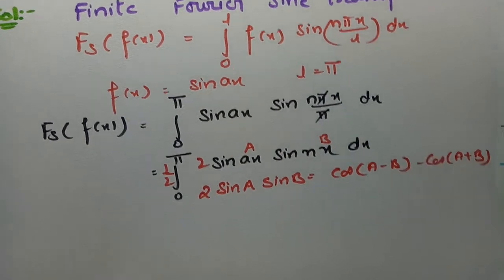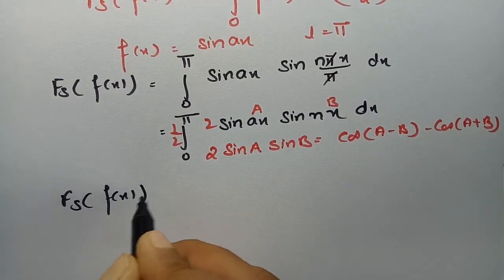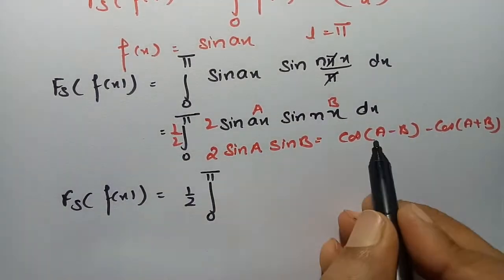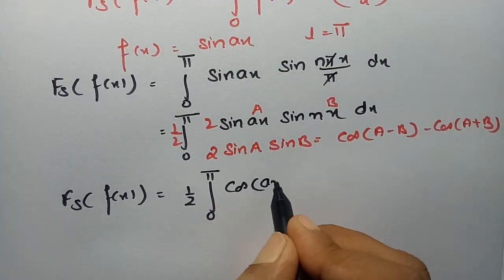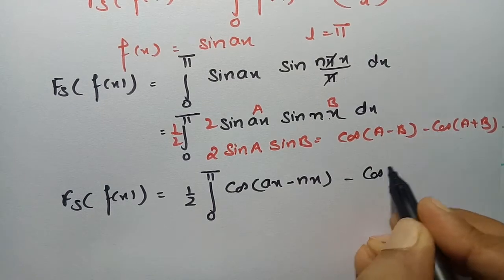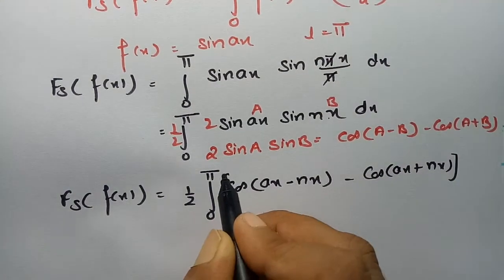So the Fourier sine transform of the function f of x is nothing but half times the integral from 0 to pi of cos of ax minus nx minus cos of ax plus nx dx.